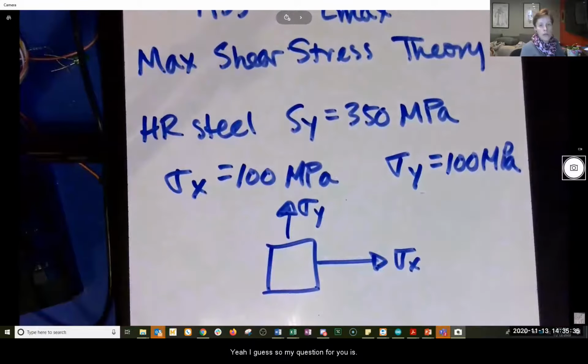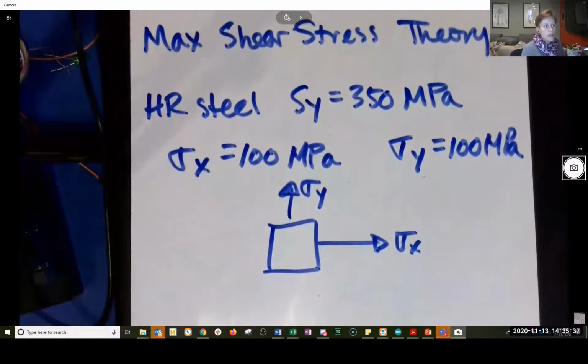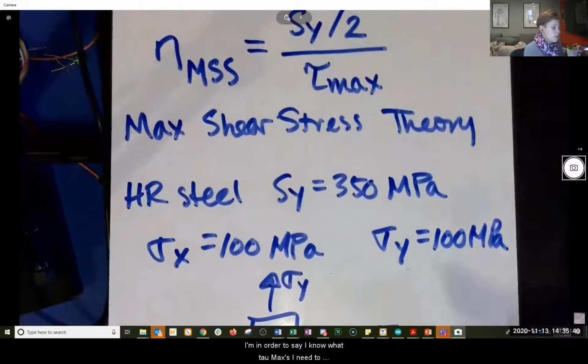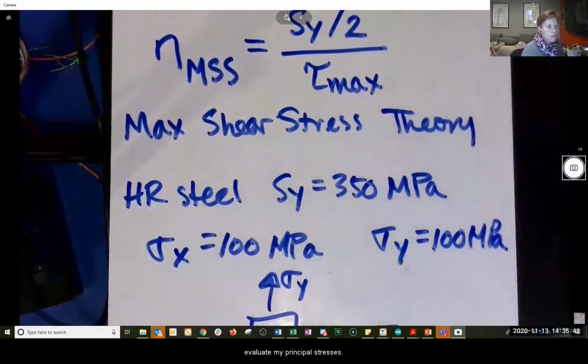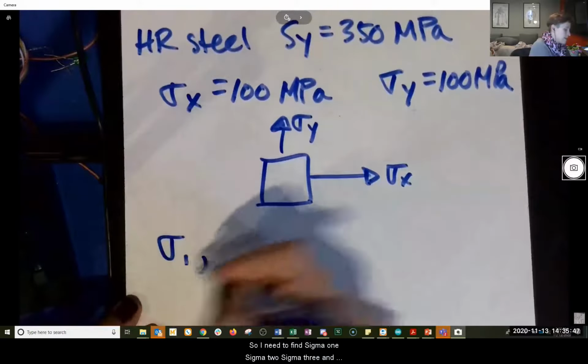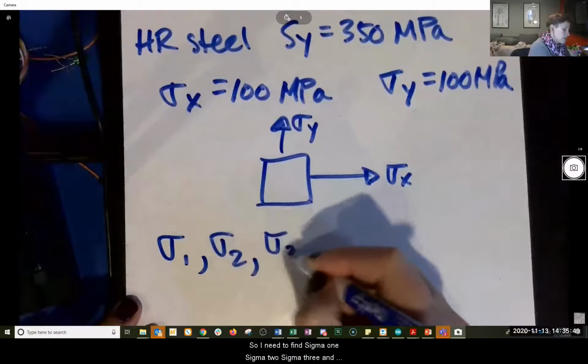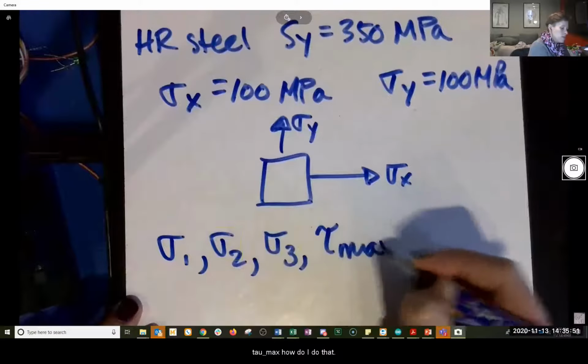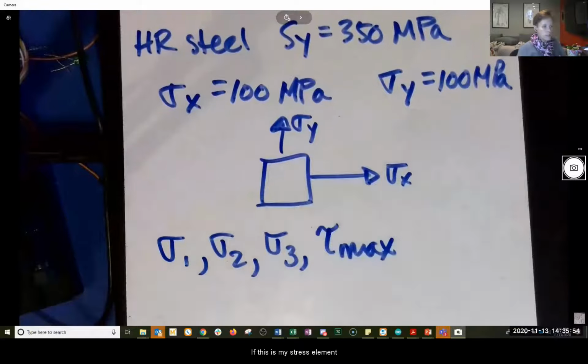So my question for you is, in order to say I know what tau max is, I need to evaluate my principal stresses. So I need to find sigma 1, sigma 2, sigma 3, and tau max. How do I do that if this is my stress element? More circle? Sure. I'm sure there are some equations that could be used without drawing circles.